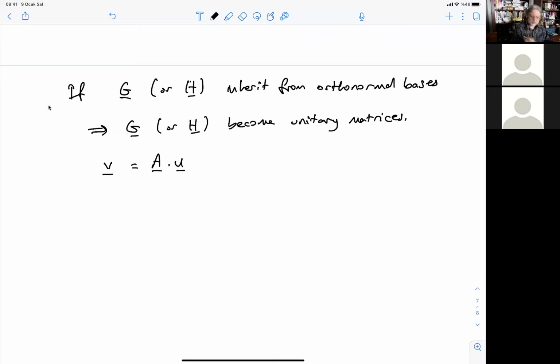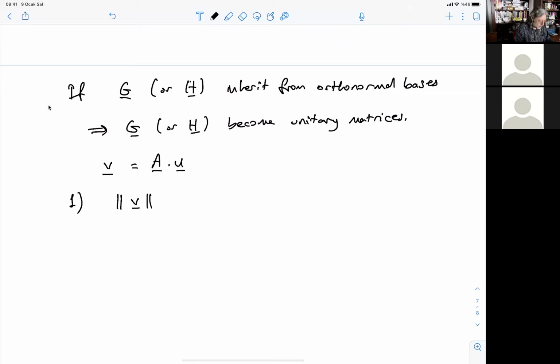So A is the transformation here. With this kind of a transform, but it's a unitary transform, it's a unitary matrix, this capital A. It makes these nice outcomes.